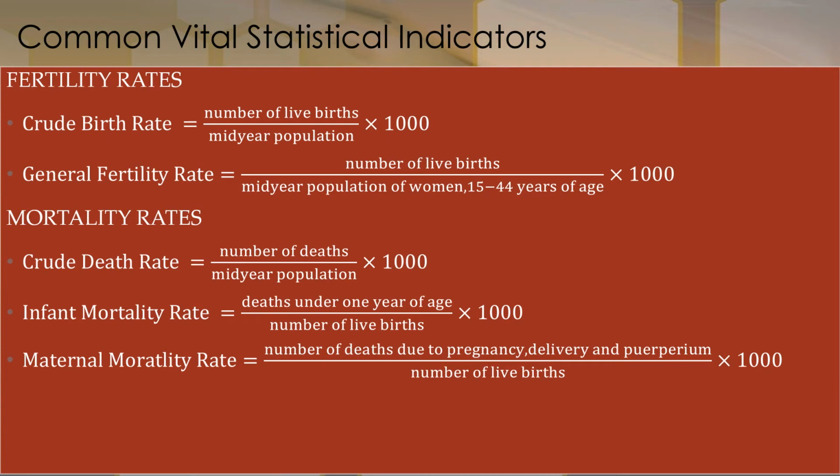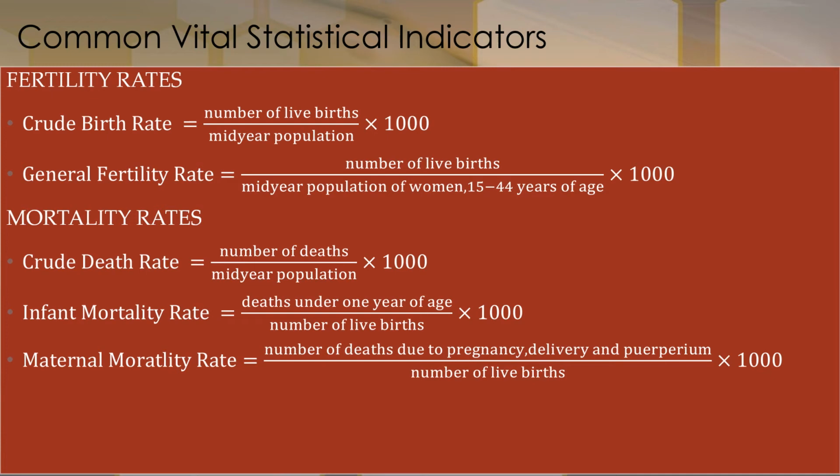What are the different mortality rates that are commonly identified and used? We have the crude death rate, which is the number of deaths divided by the mid-year population times 1,000. So this includes all recorded deaths. It doesn't matter what the cause is, as long as it's death, it's included in the CDR, or the crude death rate.